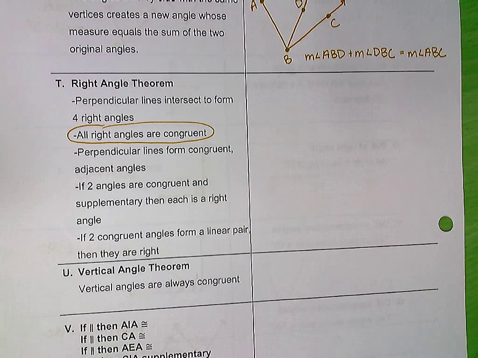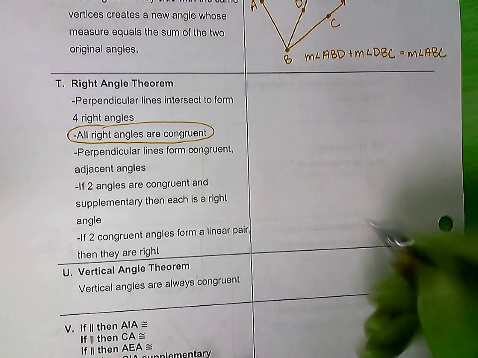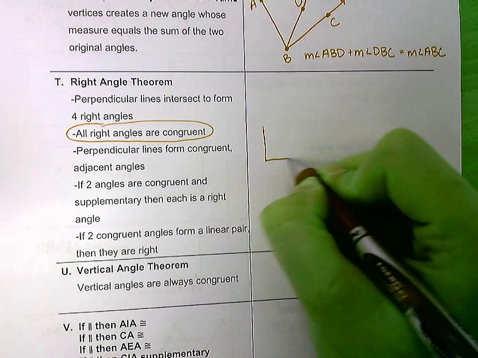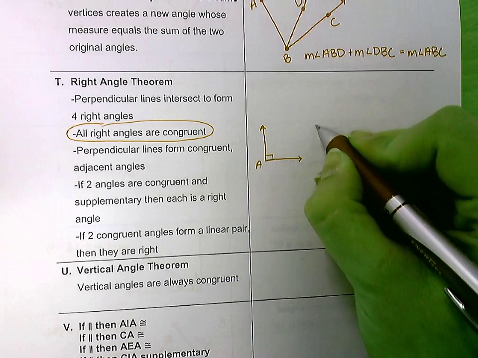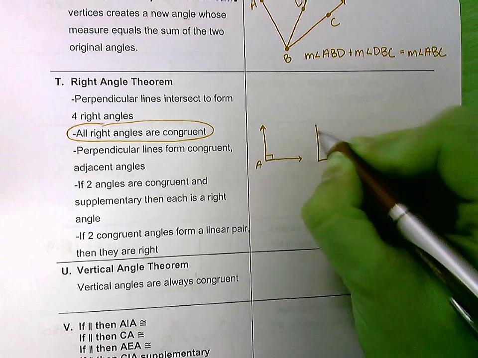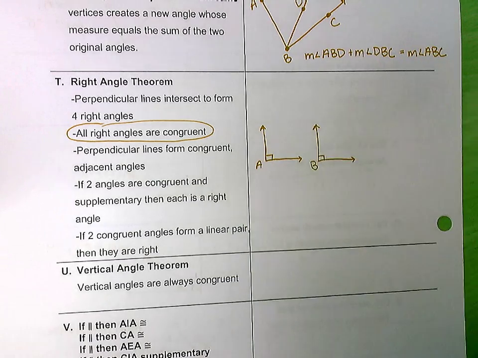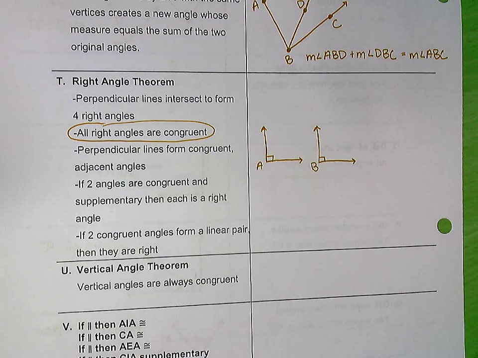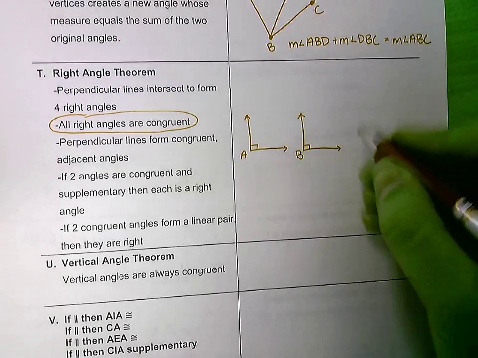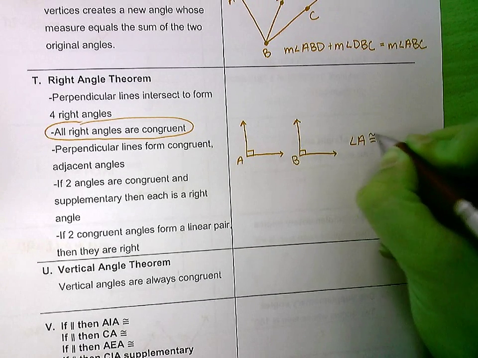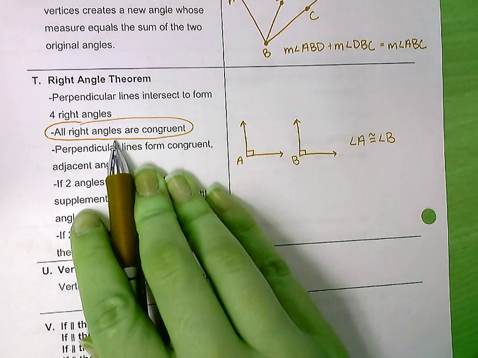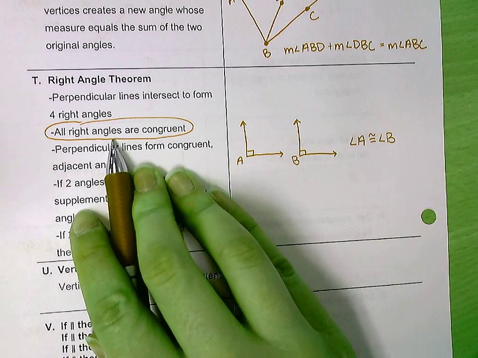So if I have a right angle here, A, and another right angle, B, and I'm given that angle A and angle B are right angles, then I can say angle A is congruent to angle B because all right angles are congruent to each other.